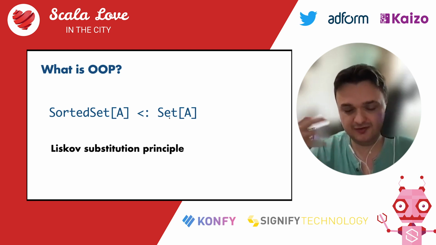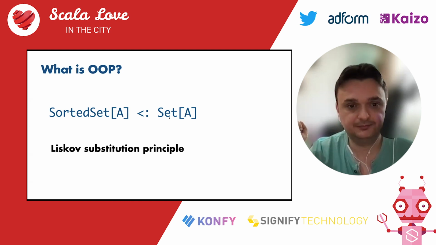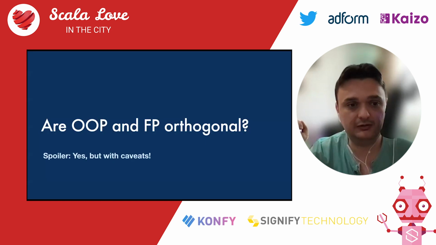In practical terms, this means hiding information at compile time. You don't care about the sorted set being sorted, you just care about the properties of a set. This is idealization. We remove the details we don't care about.